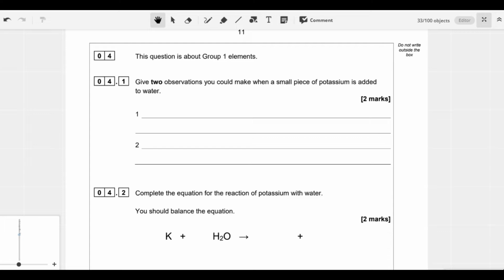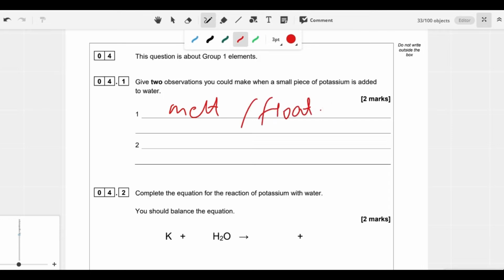Remember that when we add potassium, the potassium melts, or floats. Also, you have to write that potassium in water makes oxides, and using the flame test, it will show a lilac flame, and it also shows a fizzing reaction.